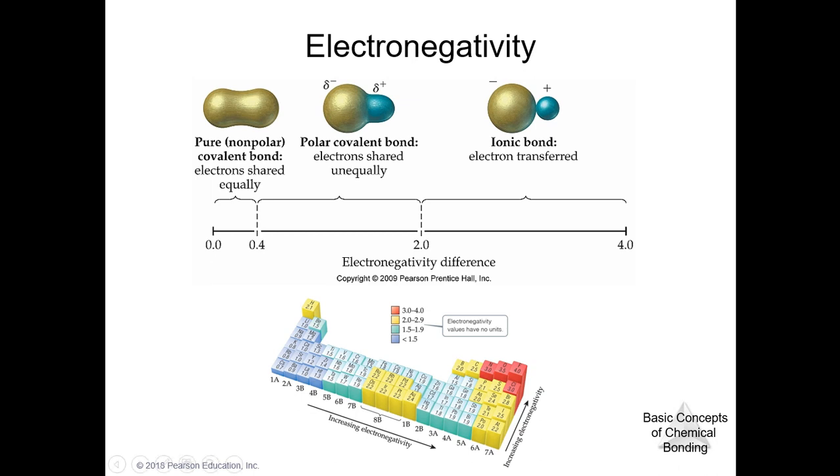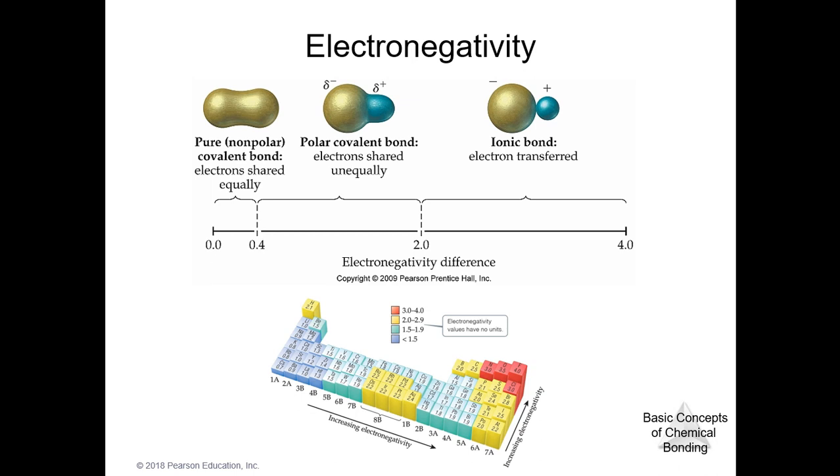Okay, so how does electronegativity come into the picture? Let's take HCl. Hydrogen's electronegativity is 2.1, chlorine's is 3, so the electronegativity difference is 3 minus 2.1, which is 0.9. The bond is polar covalent. Let's take Cl2.